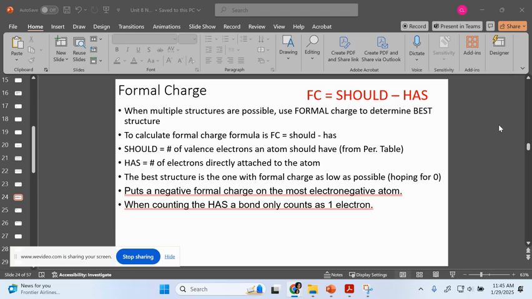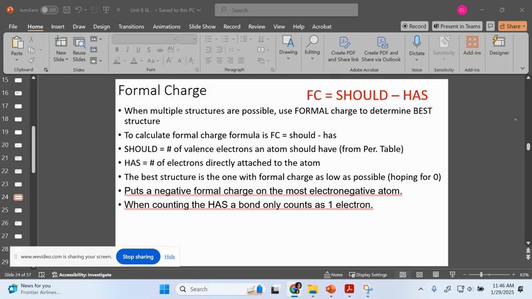When I was first teaching this to AP, I was in tears over this because I could not figure it out, until I stumbled upon this method: should minus has. This is easy. I promise you, just stick with me. Don't give up on me, and you can do this. It's not bad at all. No, I'm not gaslighting you. This is not going to be bad. Trust me. Just watch.